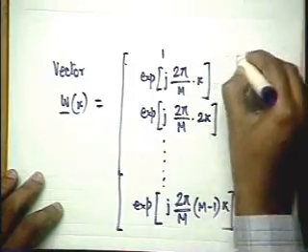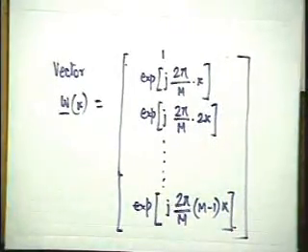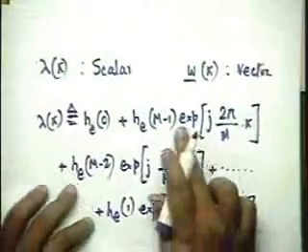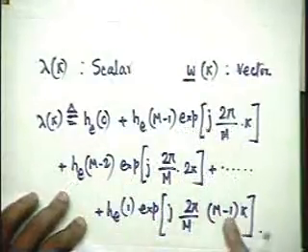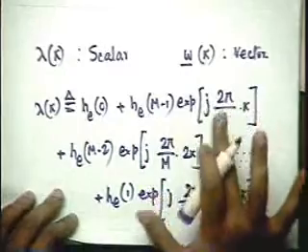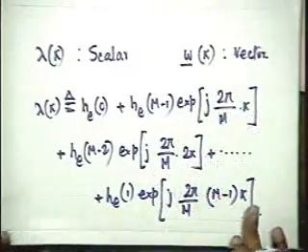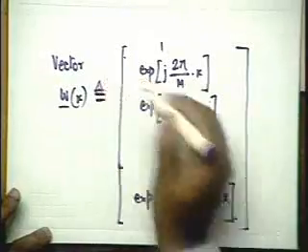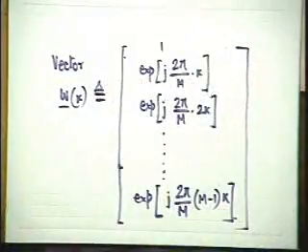So whatever complex exponential coefficients I had considered in this series, if I compose them into a vector, that is being defined as my wk vector. So the wk vector is defined this way.